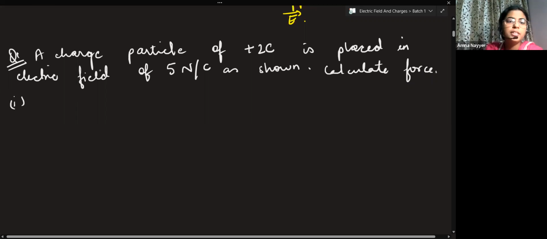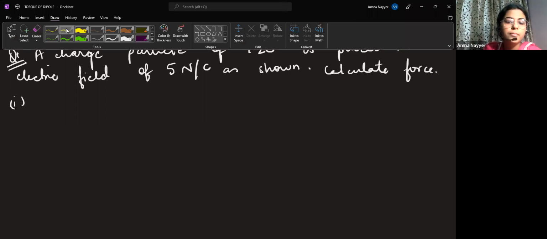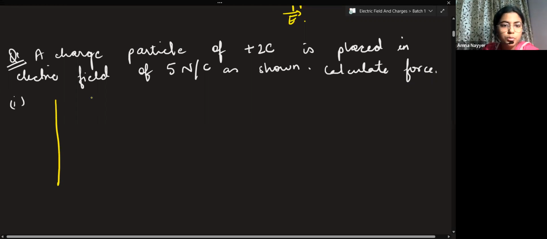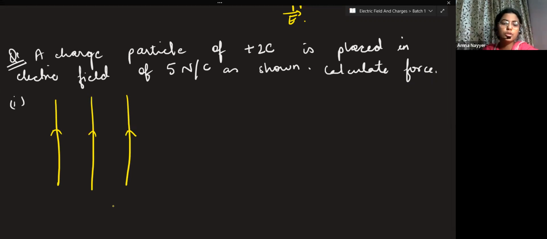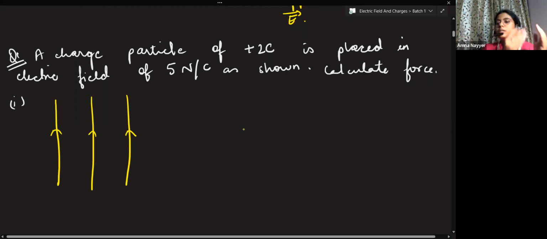For the first part, these are the electric field lines. This uniformity simply shows that this is a uniform electric field because both of these lines are parallel and equidistant. We have to find out the force. The charge is plus 2 coulomb. Electric field is directed upwards.